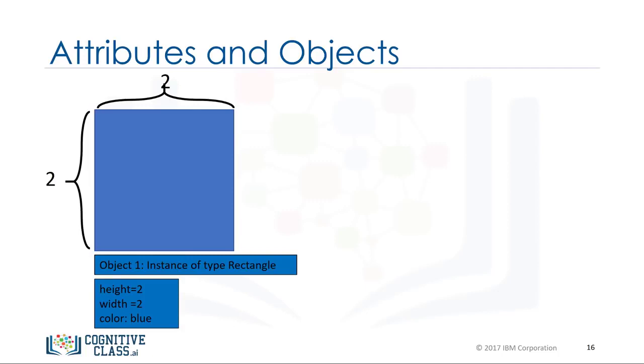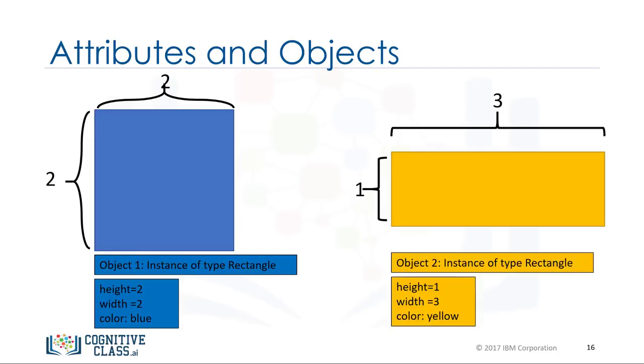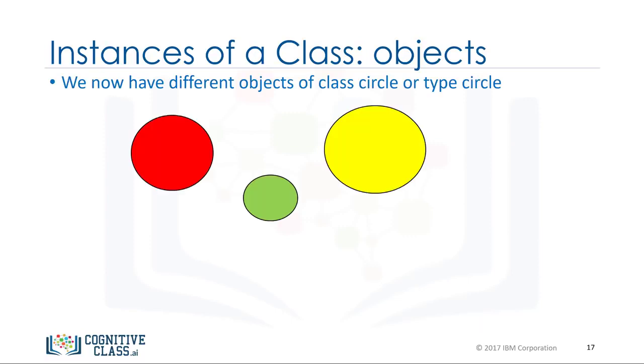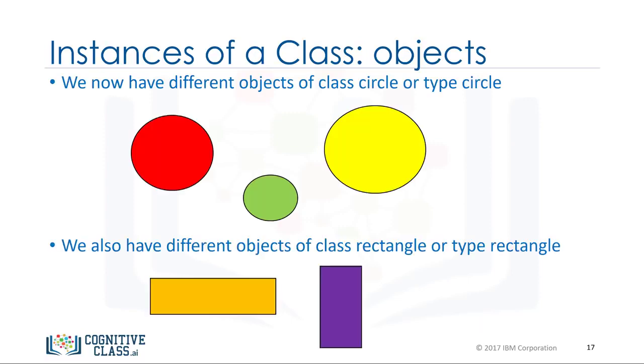The color data attribute is blue, and the data attributes height and width are 2. The second object is also an instance of type rectangle. In this case, the color data attribute is yellow, and the height is 1, and the width is 3. We now have different objects of class circle or type circle. We also have different objects of class rectangle or type rectangle.